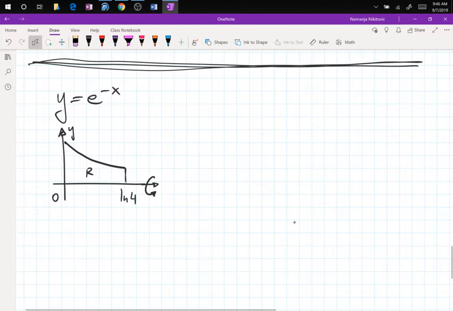I got... what's the integral of e to the negative 2x? Isn't it e to the negative 2x over negative 2?